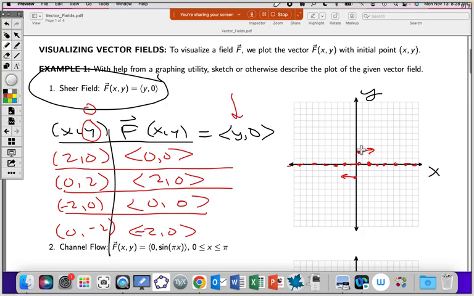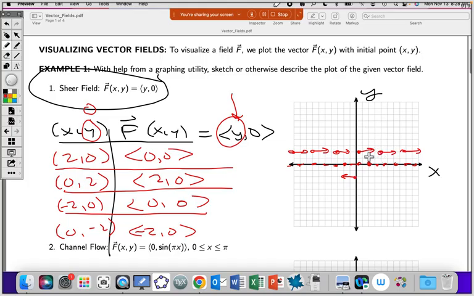And the further I move up in the y direction, if y is bigger than 0, the bigger the magnitude I'm going to have. So, for example, anything here at altitude 2, if the y coordinate is 2, we're going to have the vector 2, 0, like this.